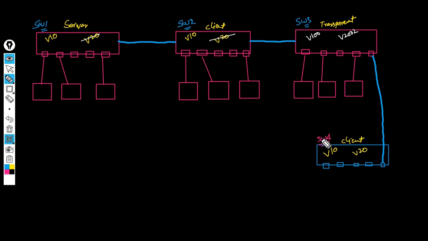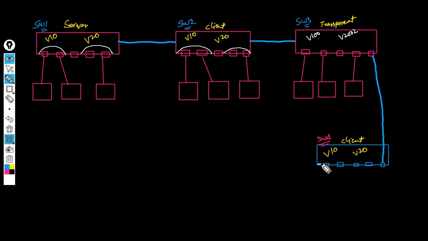But the point is, when it comes to assigning the ports into your VLANs, you need to assign the port in each and every switch individually. For example, you create the VLAN, you must assign the port individually. You must assign the port individually. Here also, the VLAN is present now, it is available, but you need to assign the ports individually to each and every switch.